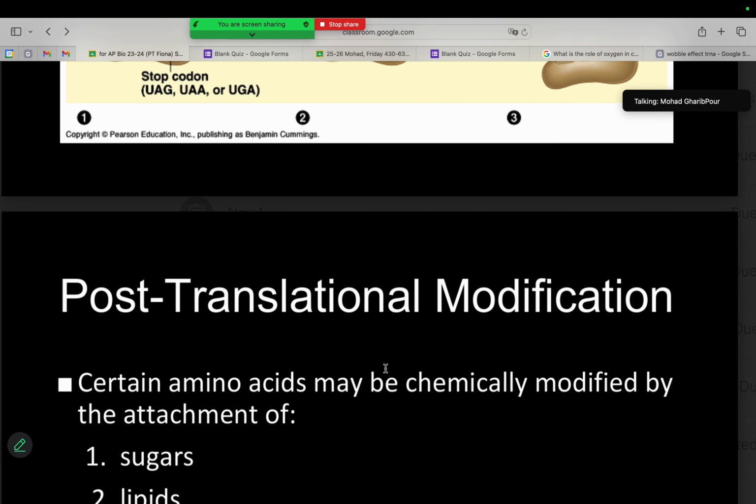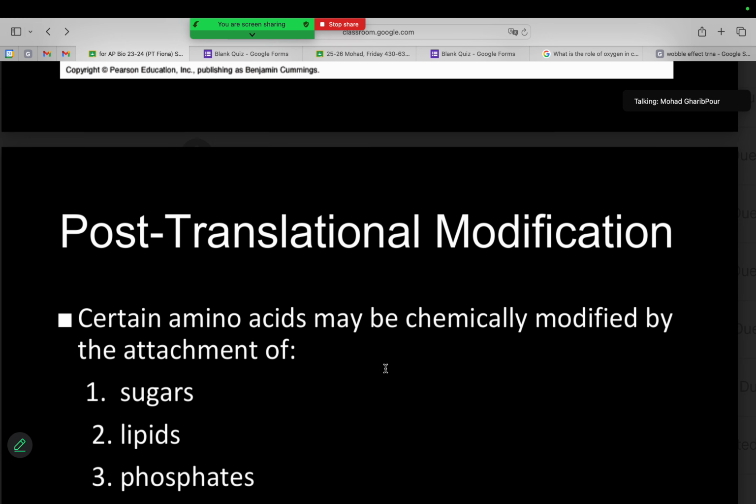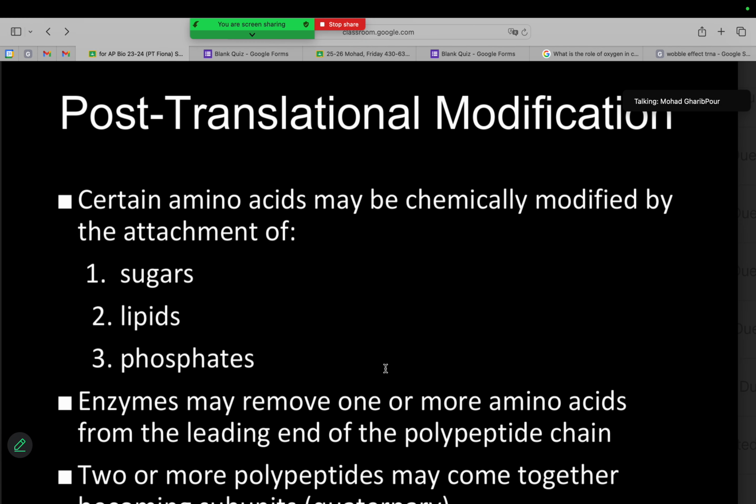So, just as we had with our pre-mRNA, where we had these modifications, once we create our polypeptide chain, we also do a set of modifications.